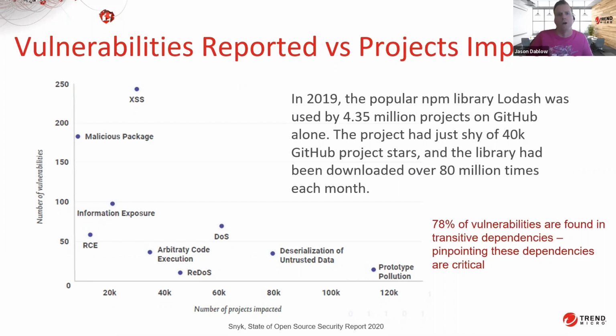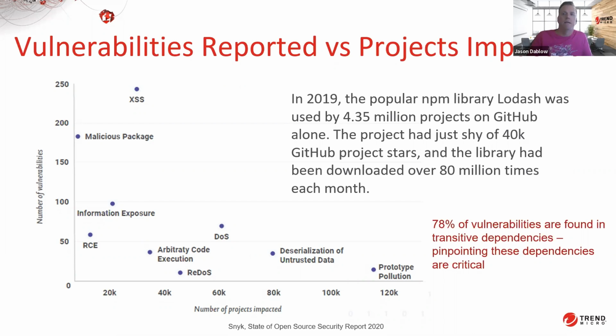If people follow the OWASP Top 10, which is a report of the top 10 vulnerabilities within web applications, you'll know that cross-site scripting has been there every single year that report has come out for 10 plus years. So really interesting in terms of the number of vulnerabilities that are reported across the different types.